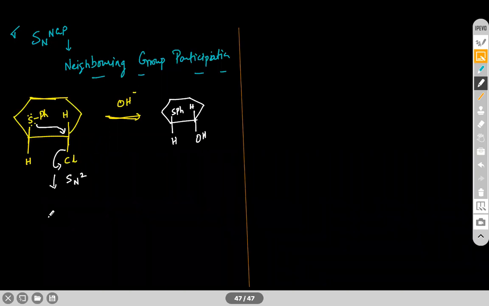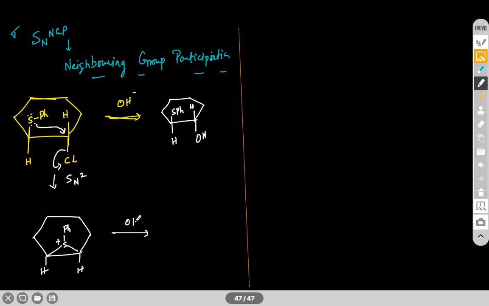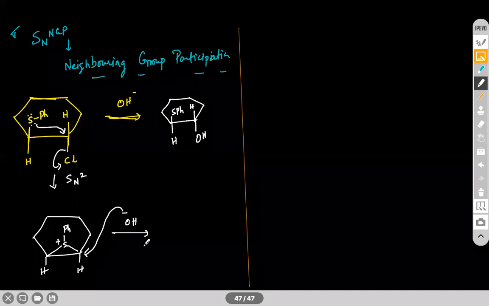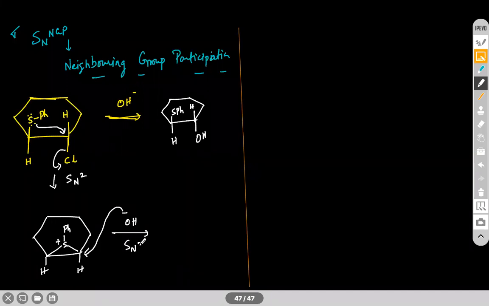Okay, so what we get, you see, SPh, positive charge. This is the intermediate we get. Now the base that you have also behaves as a nucleophile and attacks here through SN2 mechanism, backside.